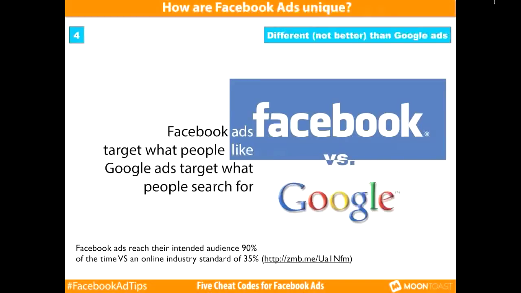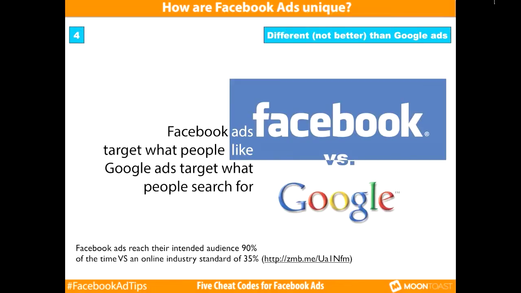And then finally, the critical difference between Facebook and Google is that with Google, people are searching for something now. They need something now. They need information now. With Facebook, you're targeting people based on their overall preferences, what they like. It's not so much tied to time, whereas a Google ad is really what people are looking for right now.